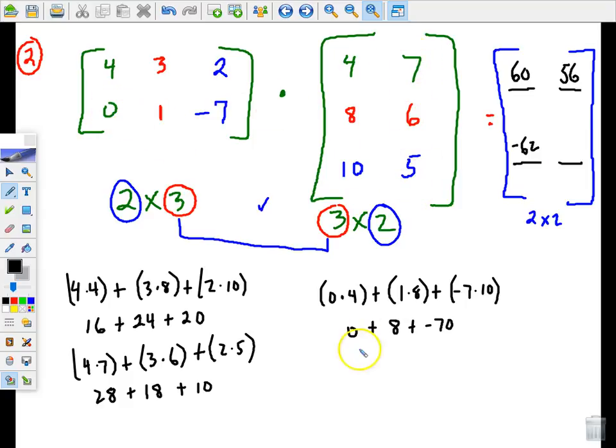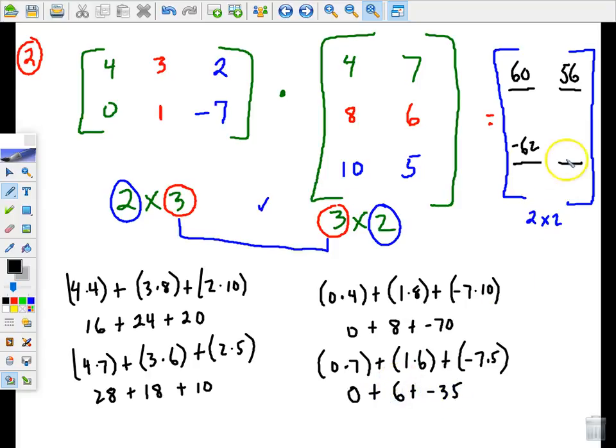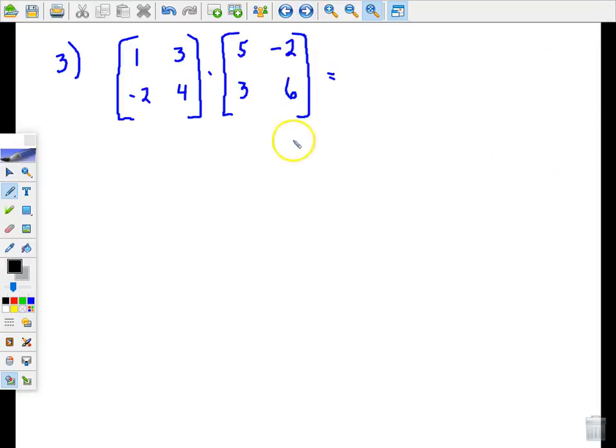First and first, 0 times 7, plus second with second, 1 times 6, plus third with third, negative 7 times 5. 0 plus 6 plus negative 35 is negative 29. Okay, and that is what we call our product matrix. That would be the answer.